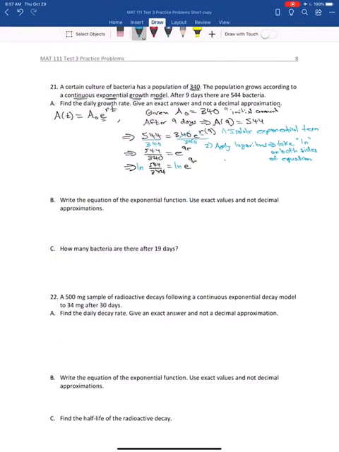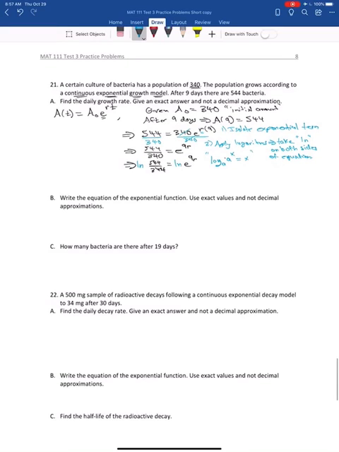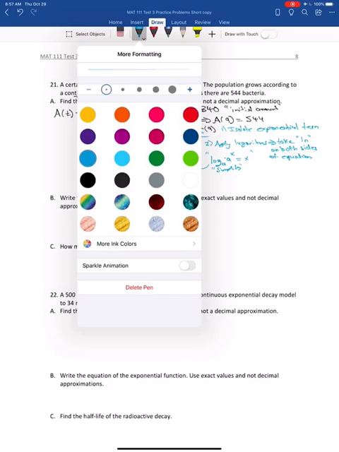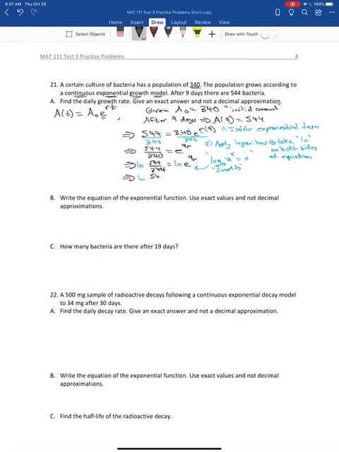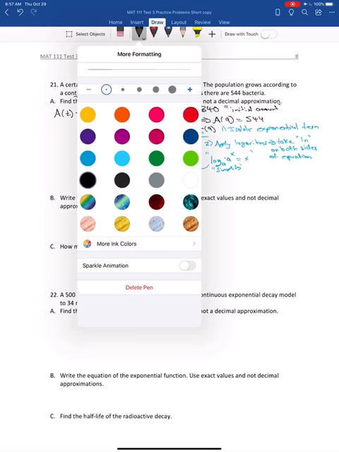Remember, we know that log base a of a to the x power always simplifies to x. So we can apply that here. As we apply that property, we have the natural log of 544 over 340 equal to 9r.